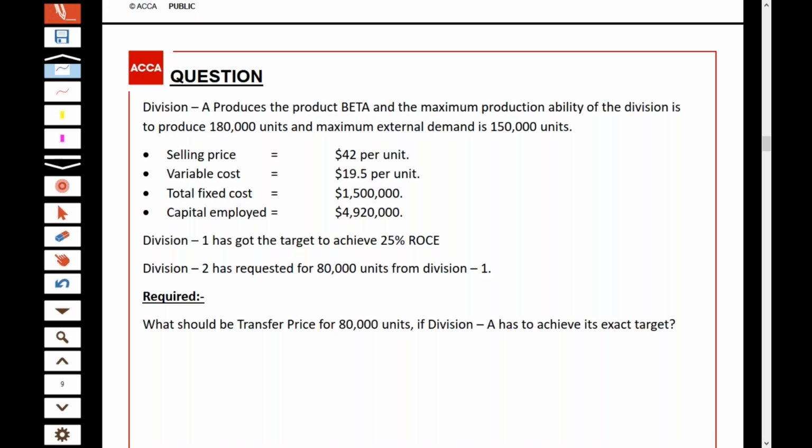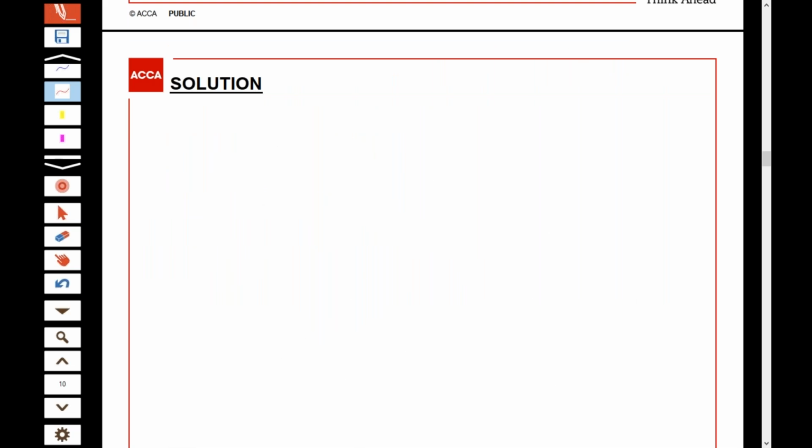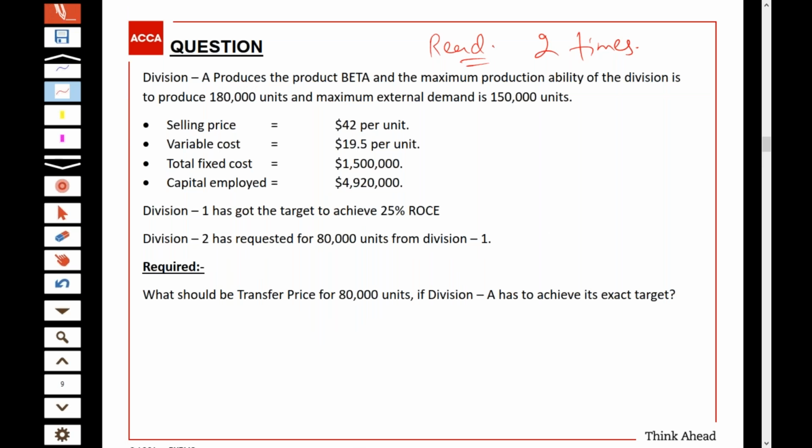See how. This is the question. Read it thoroughly. Read it 2 times. Why 2 times? There is a reason. And remember, no opportunity cost, okay? Because the focus is on target. When you are focusing on the target, there is no opportunity cost.